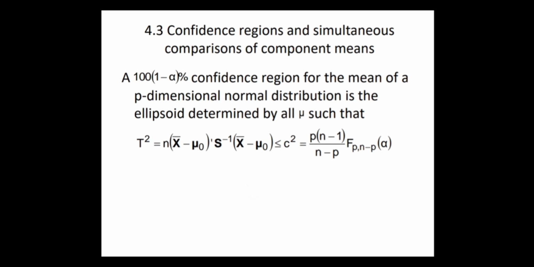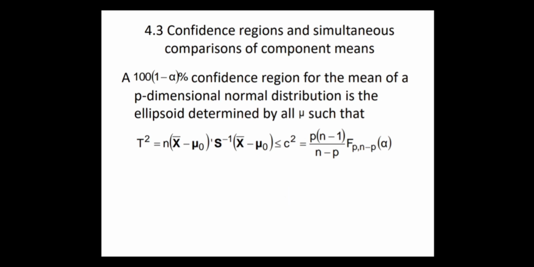If the square distance, or T square, is less than the value of c square, which is the F distribution multiplied with p(n minus 1) divided by (n minus p), then we can say that the mu naught, the mean vector, lies in the ellipsoid region, the confidence region of ellipsoid.